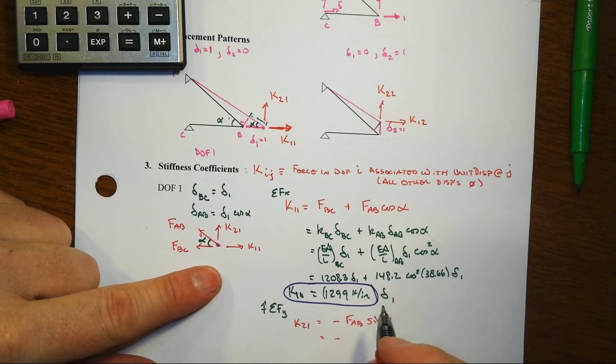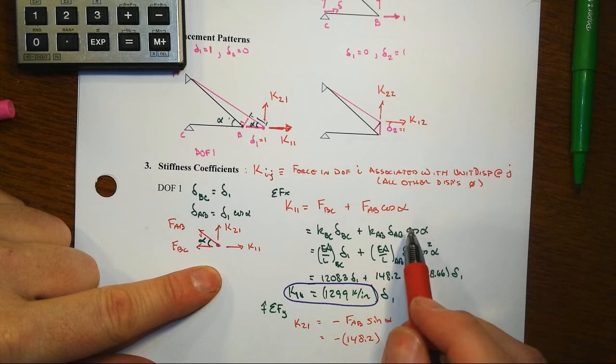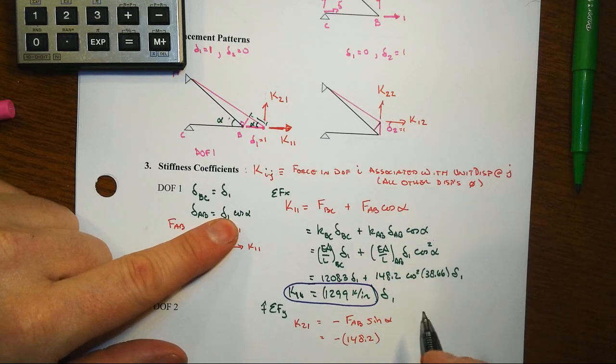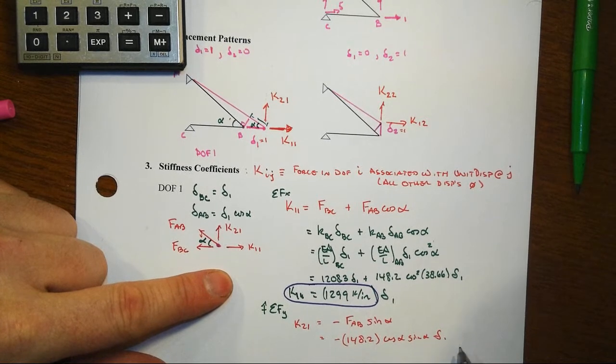FAB is the same thing as KAB times delta AB, and KAB was 148.2 times delta AB, but delta AB is cosine alpha, so we're going to get a cosine alpha, sine alpha times delta 1.